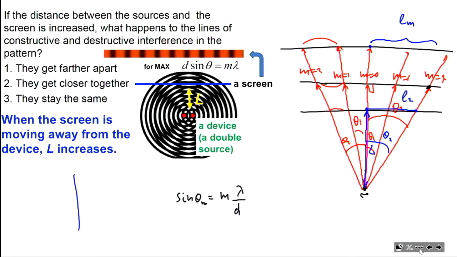In general, we always have a right triangle: the distance from the source to the screen, the distance from the central maximum to the mth maximum, and this angle. And tangent.